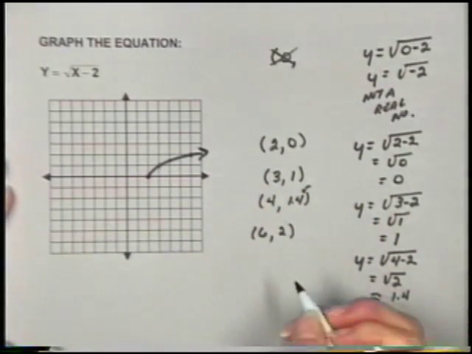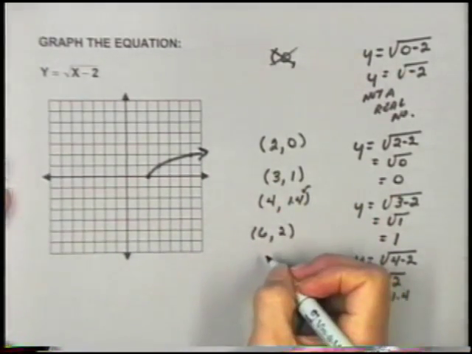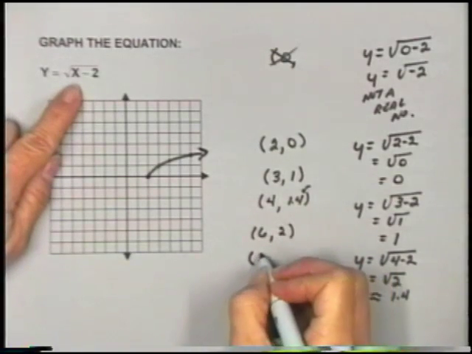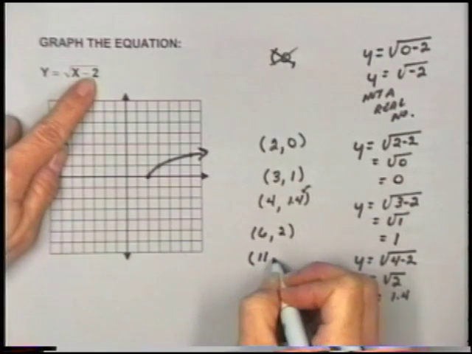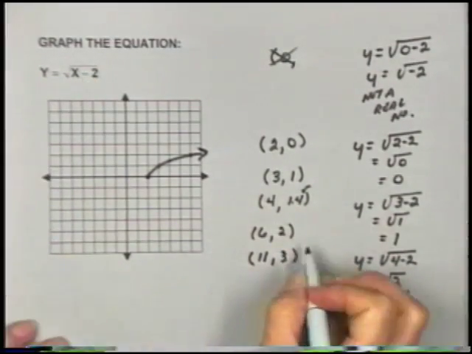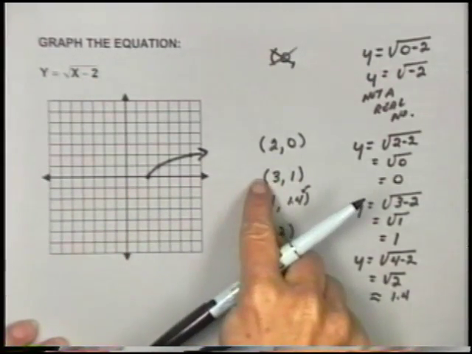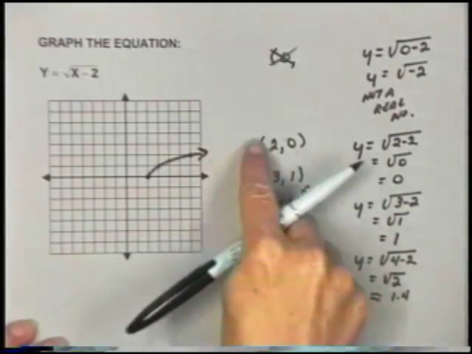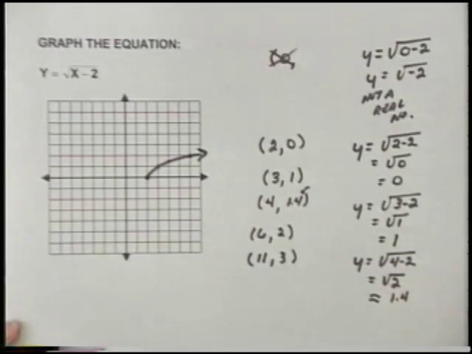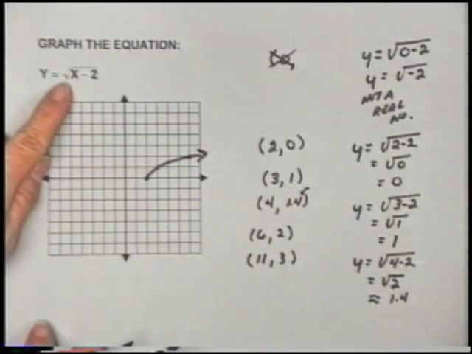And I'm going to put an arrow here because I noticed that were I to choose larger numbers, for instance, if I chose x to be 11, 11 minus 2 is a 9, and the square root of 9 is a 3. So if I go out here, x equals 11, my y value is going to be up here on 3. I will continue to get these answers up here.